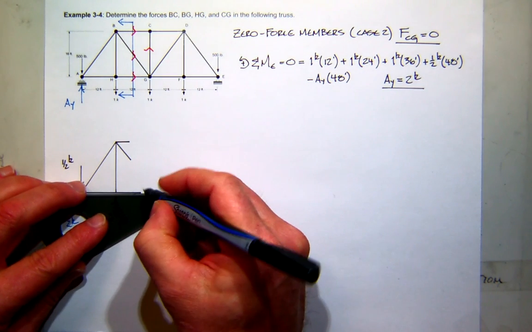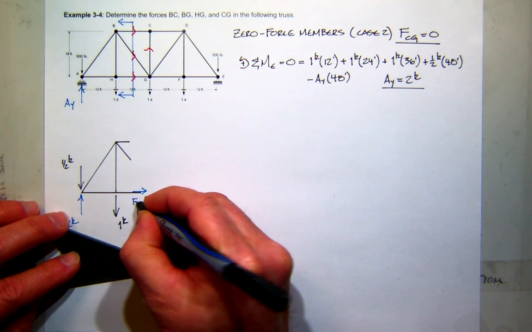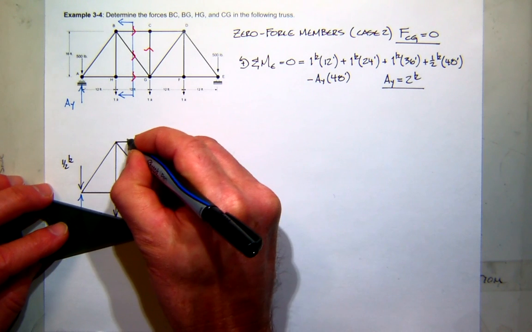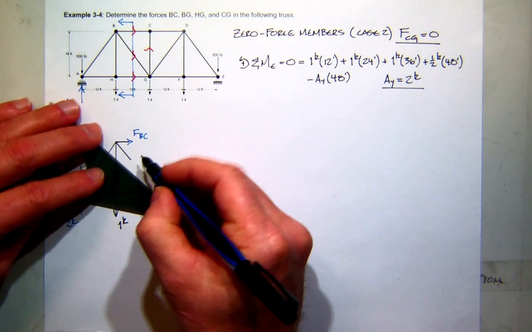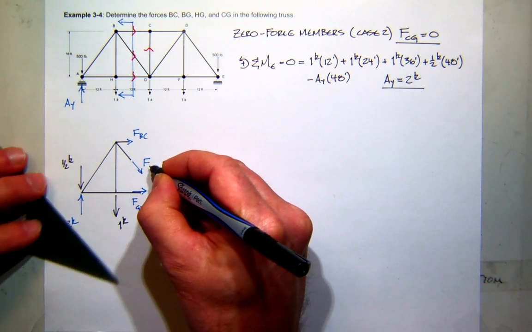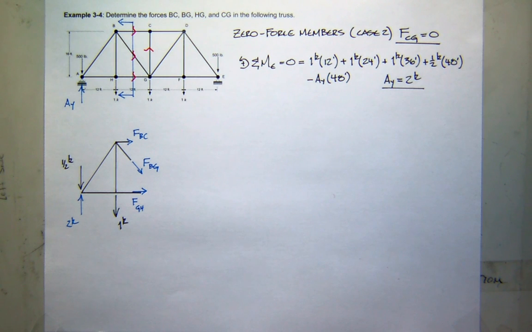Then I'm going to assume that I have a force in GH, a force in BC, and a force in BG. That looks very similar to the one we just did for example, right?